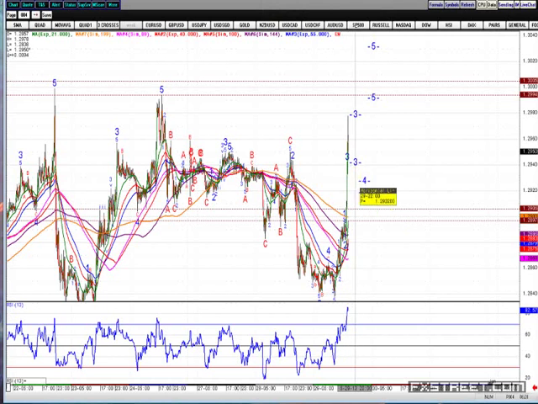I have to put a stop where I do not get stopped out. You can't put a stop loss based on only so much I'm prepared to lose. That's not the right way of doing things.